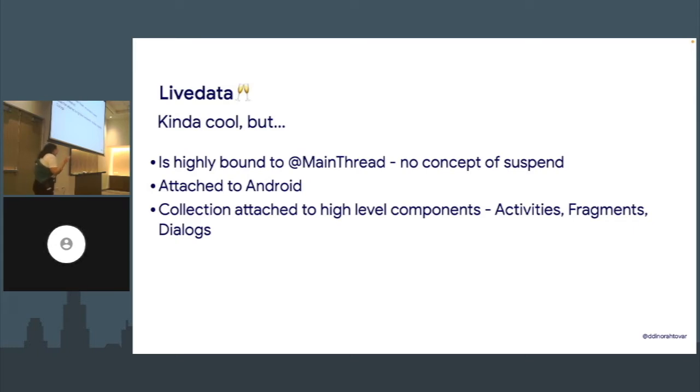If you were yesterday at the Kotlin Multiplatform talk, you know that maybe that is not the approach you want to follow, because you ended up attaching your whole code base to that specific component that is super highly bound to Android. And at the end of the day, you ended up needing an activity, and a fragment, a dialog for every type of collection.